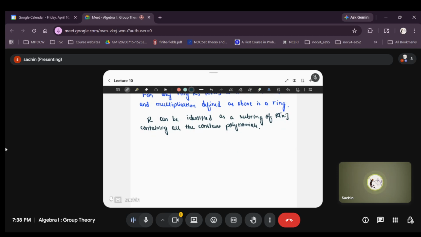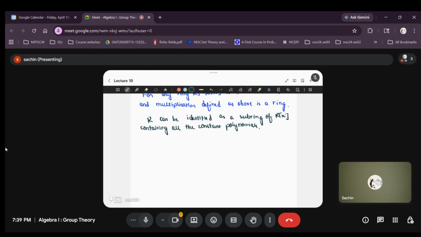Now, like you said, we can actually divide. So division is useful in that sense. Basically, whatever you do with integers, the same type of stuff you can do with polynomial rings also, because both are rings. Z is a ring and R of X is a ring.